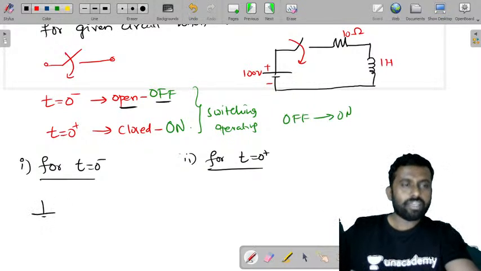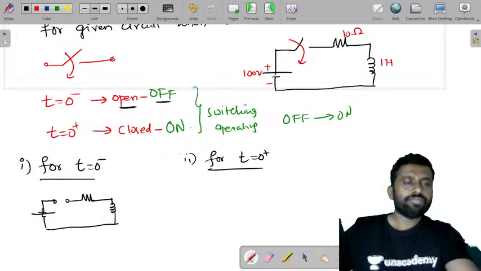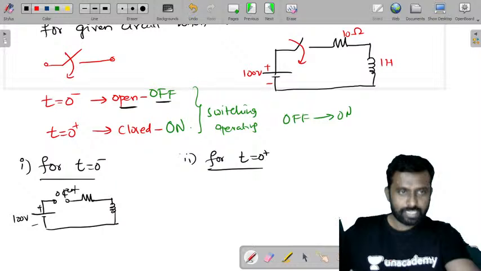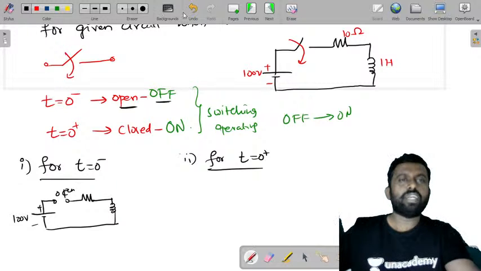So you can just draw it like this and we can say it is off. There is a resistor and an inductor. So this is 100 volts and it is open circuit. You can say it is open, or you can also write it as off. And this is resistor value 10 ohms and inductor 1 Henry.